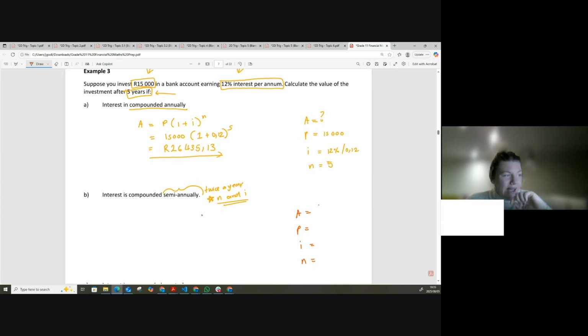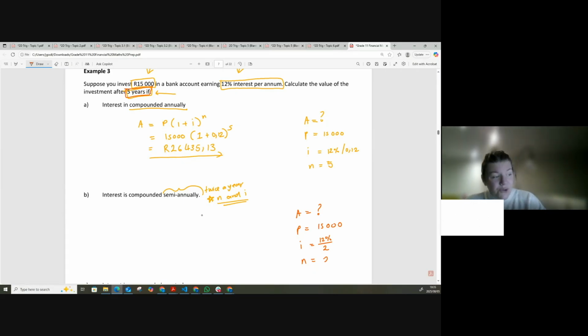So A, we still don't know. Our P is still 15,000. Our i is now the 12% over 2, whichever way you want to write that. And my n, I'm going to be doing 2 payments per year, but it's happening over 5 years.